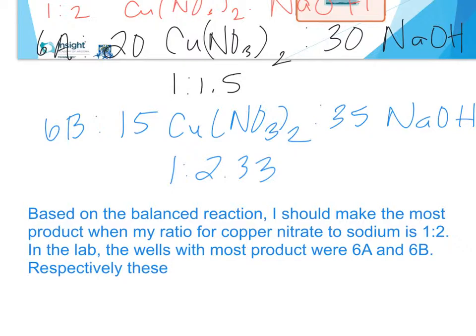These wells had ratios of 1 to 1.5. When I say respectively, that means the first set of numbers I give is for 6A, and the second set of numbers is for 6B. So 1 to 1.5 and 1 to 2.33.